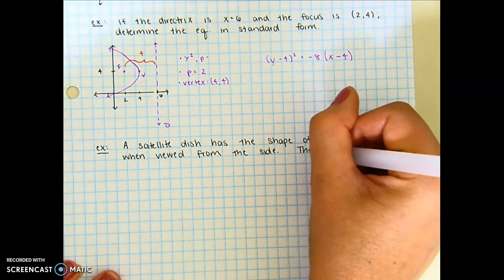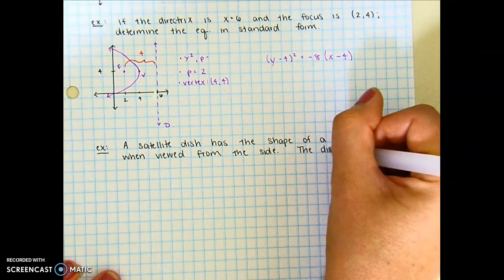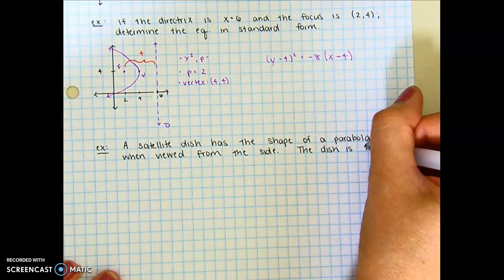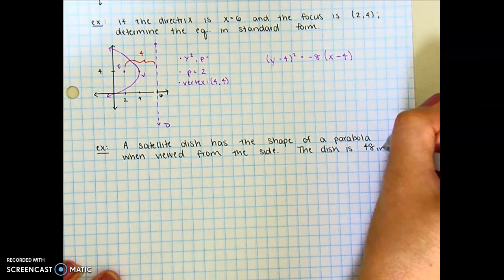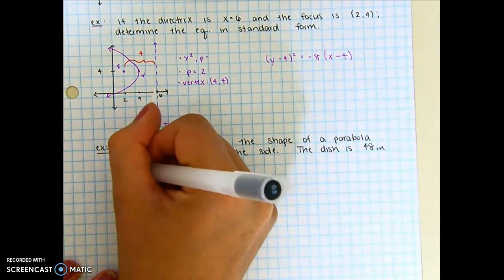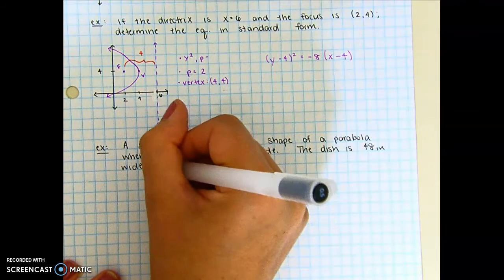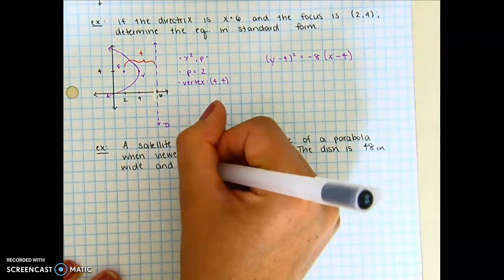The dish is 48 inches wide and 24 inches deep.